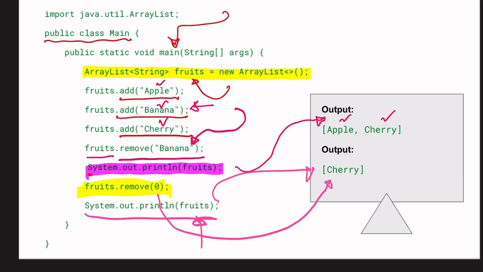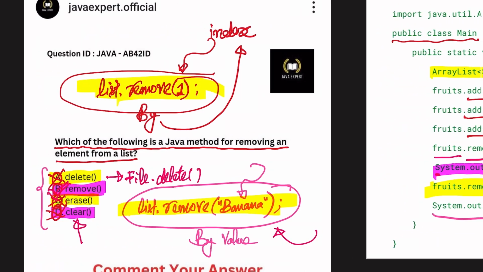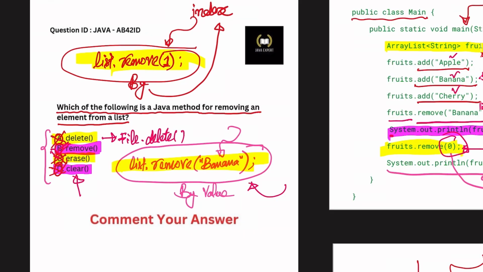So at index 0 we have apple, index 1 we have cherry. If it would be 1, cherry would be removed, but in our code we have 0, so that is why this is the final answer. So that is the reason why B option is correct. B option is correct. That is remove method.